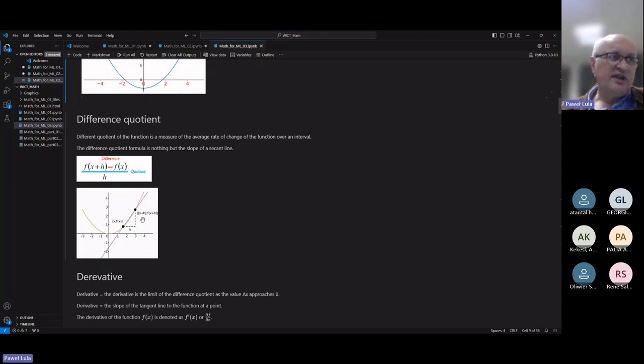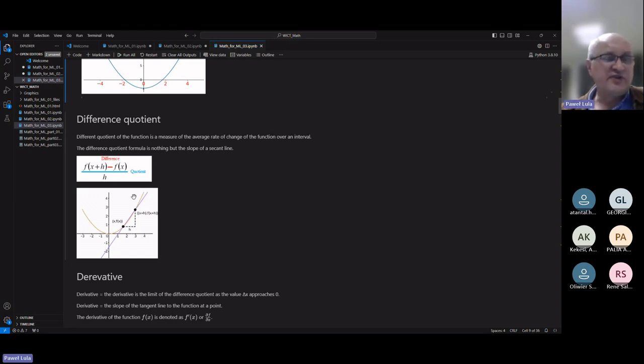How to do it? The tangent of this angle is equal to this difference quotient, because we can calculate this relation, the length of this vertical line and this horizontal line, and in this way we can calculate a tangent value for this angle.